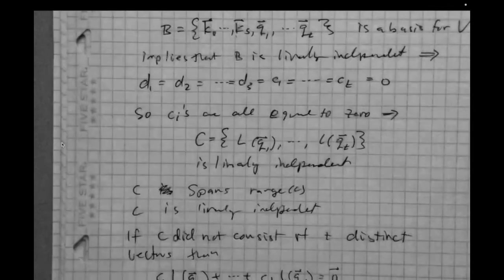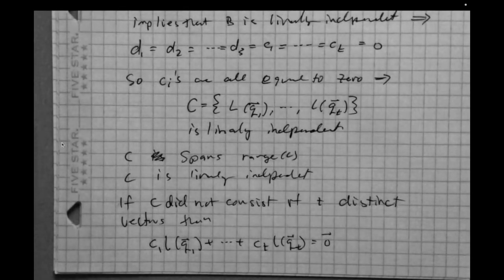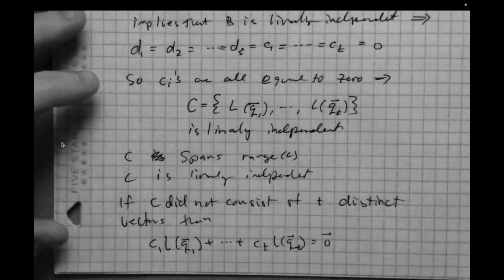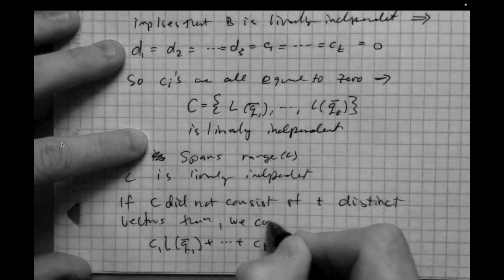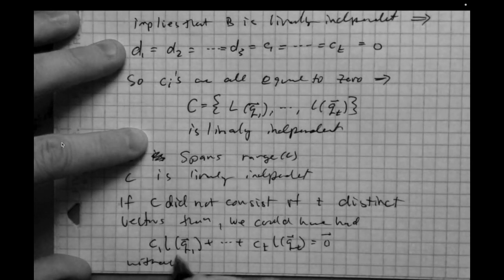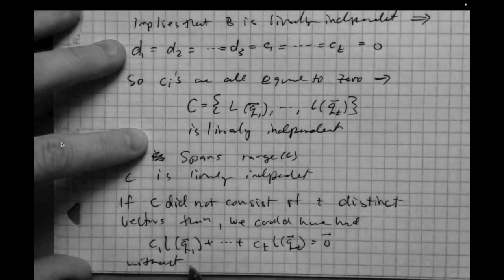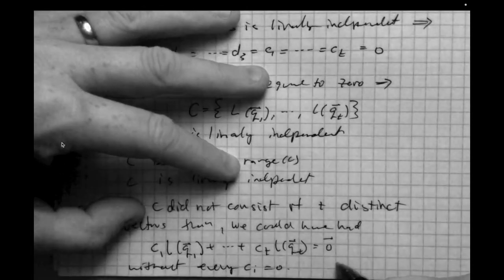We wouldn't have the implication that all of the CIs are 0 like we did. It would have been possible to have this without every CI equal to 0. But we saw that every CI must have been 0 because of the argument previously. All right, so we're done.